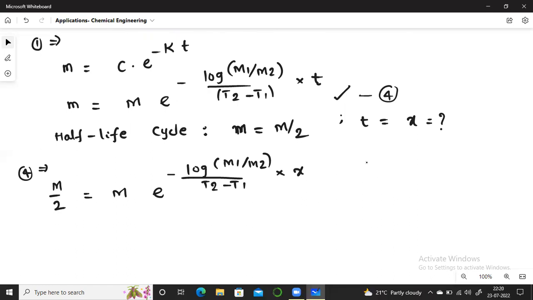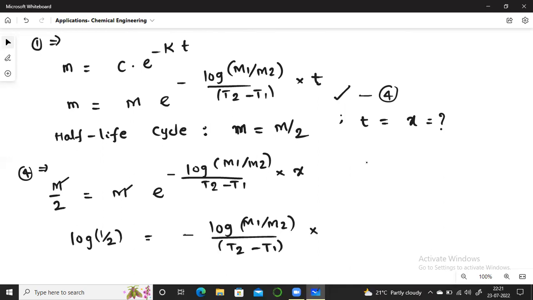So now this M will cancel each other. What I do is I apply logarithm on both sides. So it will be log 1 over 2, and log of e to the power minus something. So e and logarithm will cancel. Finally, what you will get is minus log m1 over m2 by t2 minus t1 into x.